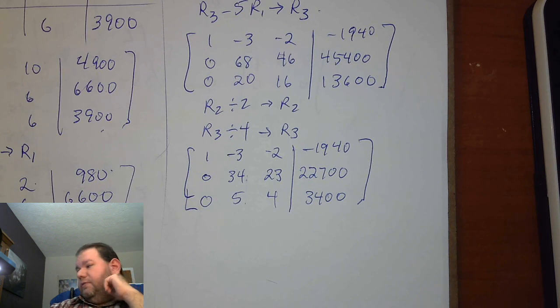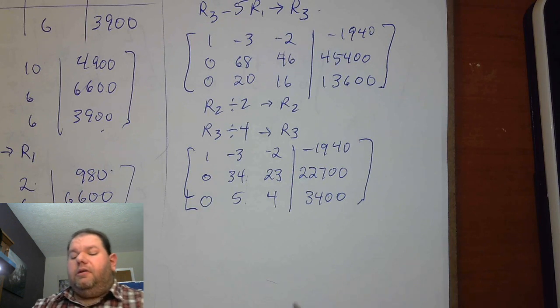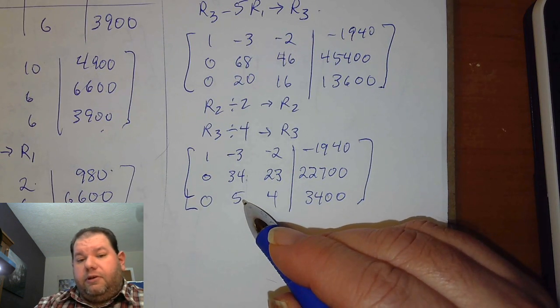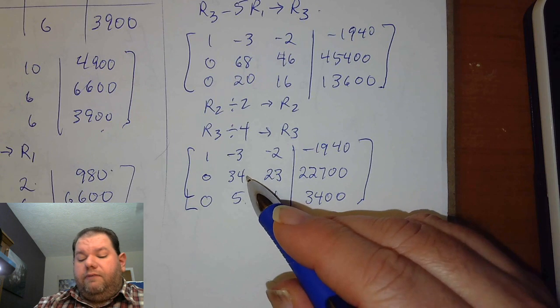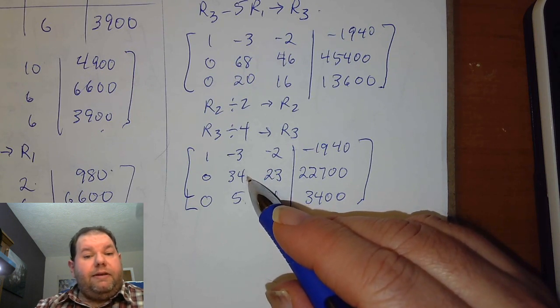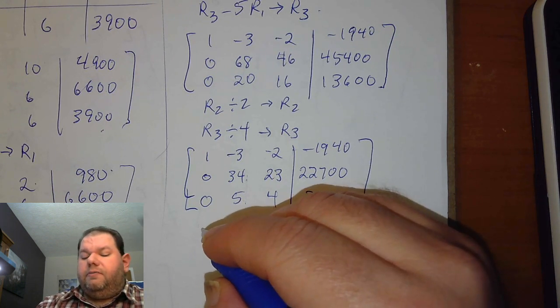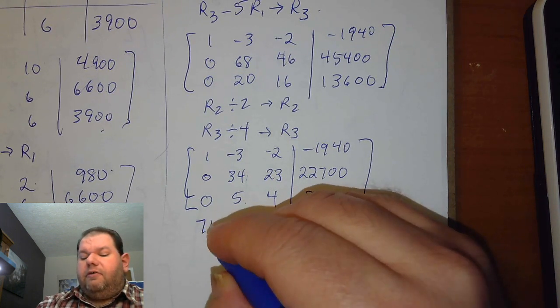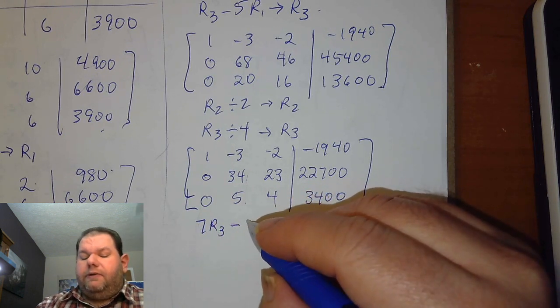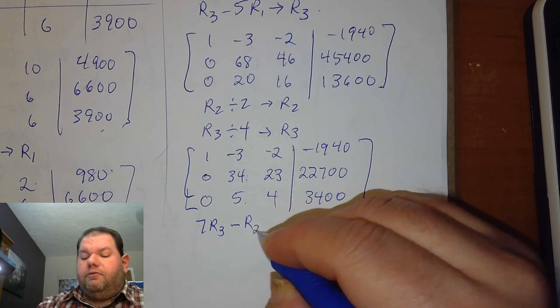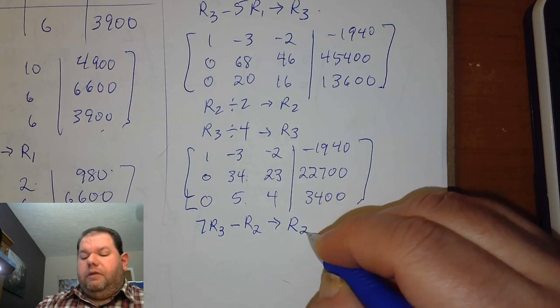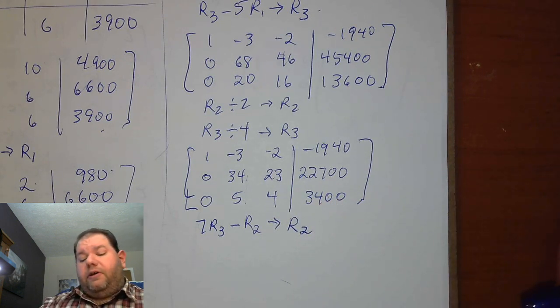Anyone know what that number is? Seven? Good. So if we can multiply this by 7, we'll get a 35. And then if we subtract the 34, that'll give us a 1. So let's see, we'll take 7 row 3 minus row 2 and create our new row 2 based on that.